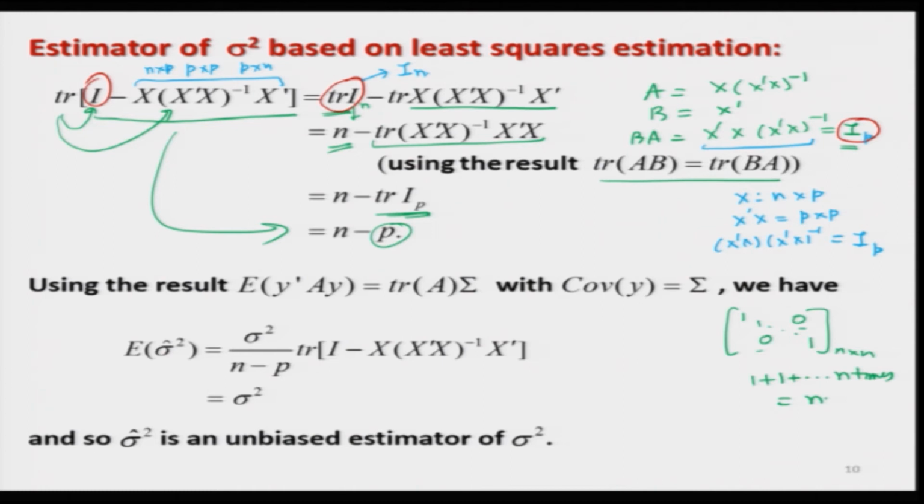Now, if you use the result about the quadratic form, that the expected value of y transpose A y is equal to the trace of A times sigma, where the covariance matrix of y is sigma.